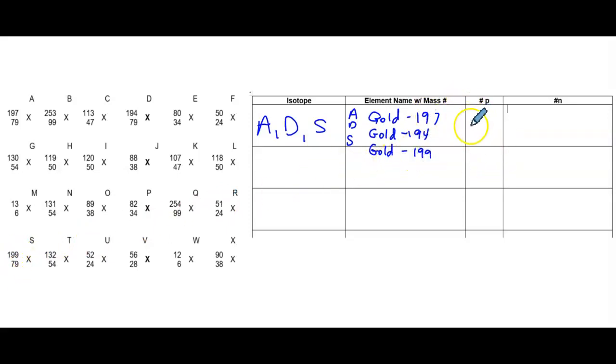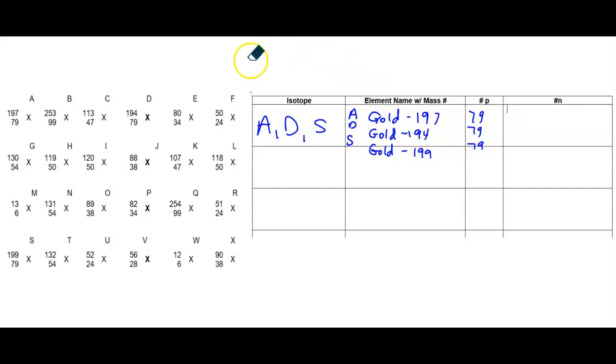Now for each of these we're going to say how many protons they have. 79, 79, 79. I should remind you that protons are the same thing as atomic number. Now we're going to figure out how many neutrons they have.